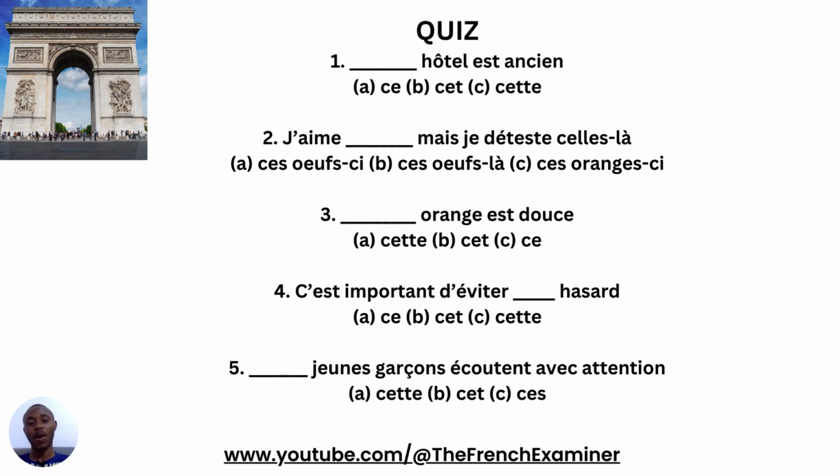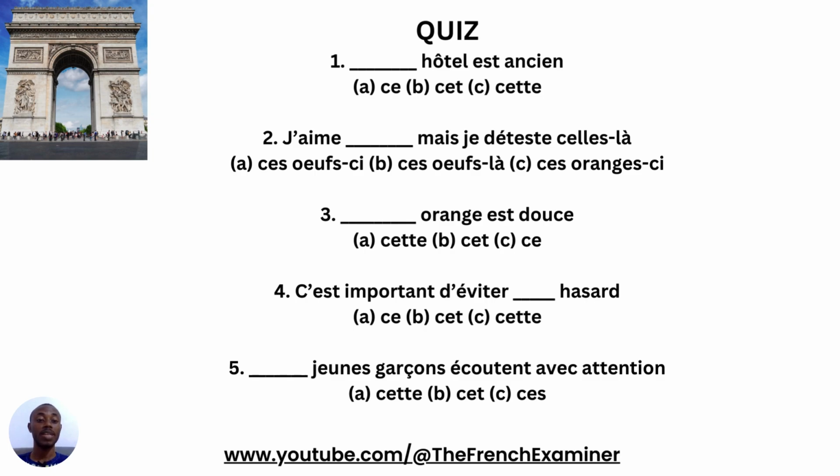Bravo. Okay. The first one we have, something with hotel. Now, with hotel, you need to consider: is it starting with a silent H or an aspirated H? Hôtel commence par un H muet.